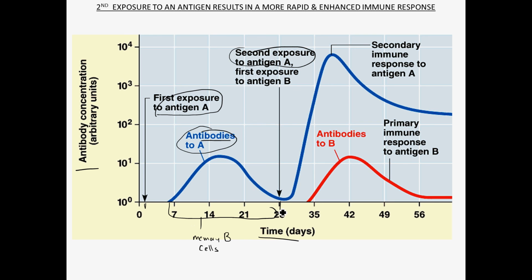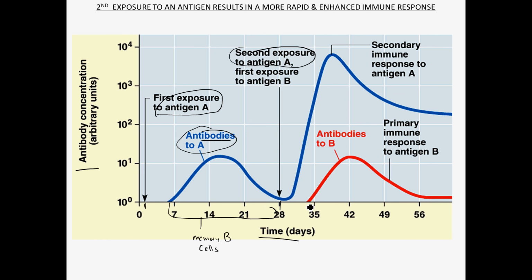So about a month later, let's say you come in contact with that antigen again, and that's probably pretty likely. You're living and circulating in the same environments with the same people, at school, at home, maybe at rehearsal or practice sessions. So being exposed a second time is probably not surprising.